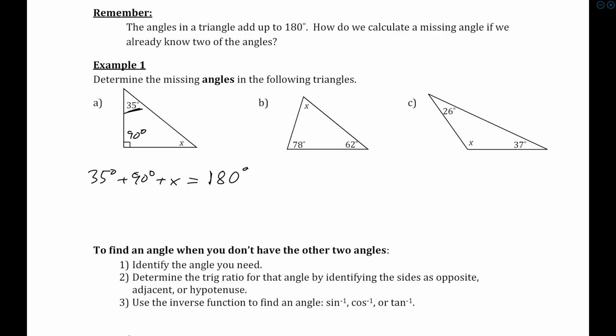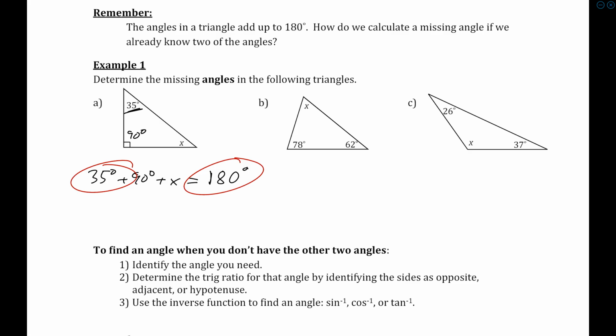So, how would I find my unknown here, other than by asking for a note from my mother? 360 minus 180. What's that? 180? No. Remember, first of all, here the triangle is 180. Yaki's absolutely right. We're going to subtract some stuff, but the total is 180. X is the missing thing. So what we should do is take all this stuff and subtract it from both sides. Subtract 35 and subtract 90 to figure out what X is, right?